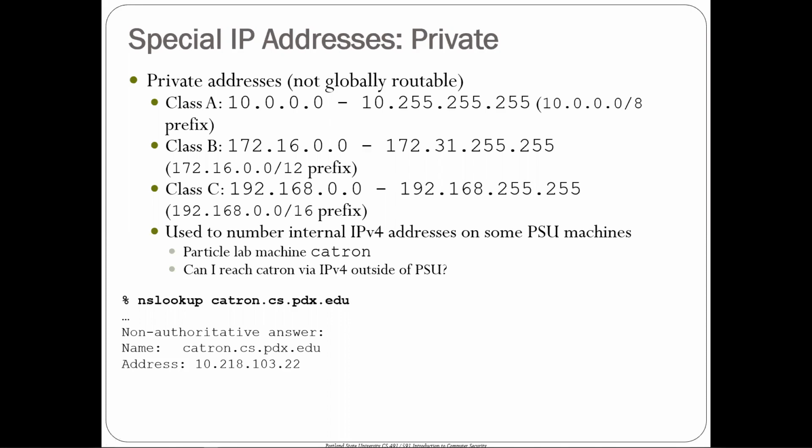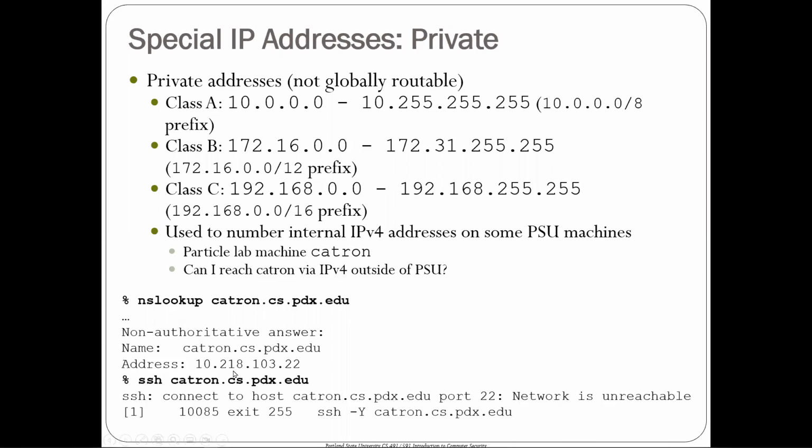Turns out Catron has an IPv6 address that you can connect to publicly. It doesn't have a public IPv4 address. It's got this private one. So if I look it up and try to SSH to it from outside Portland State, I'll get no route to host. The network is unreachable, right? That packet gets dropped because that private address is only routable within the network that it's established in.